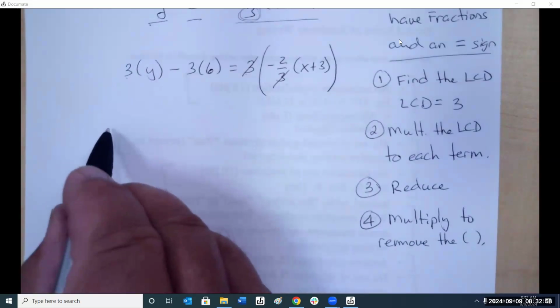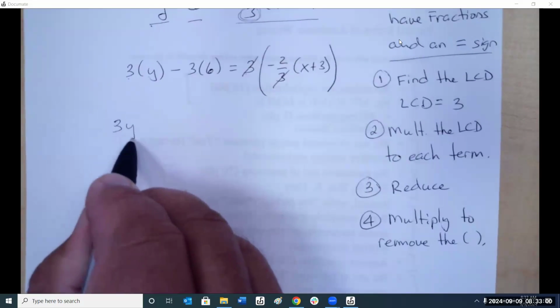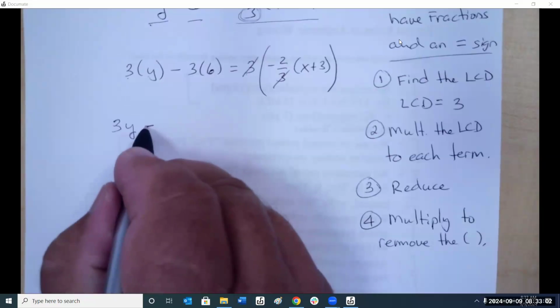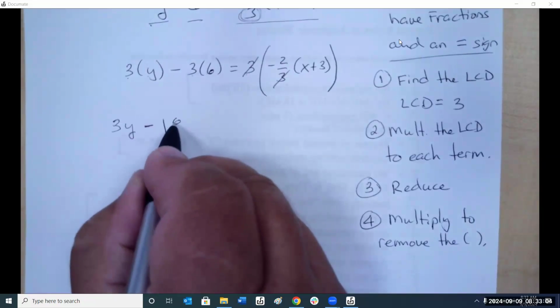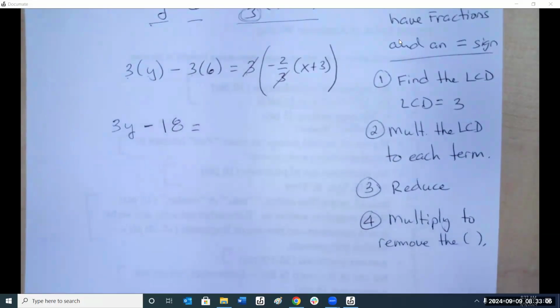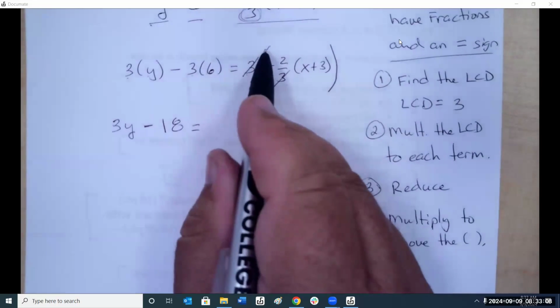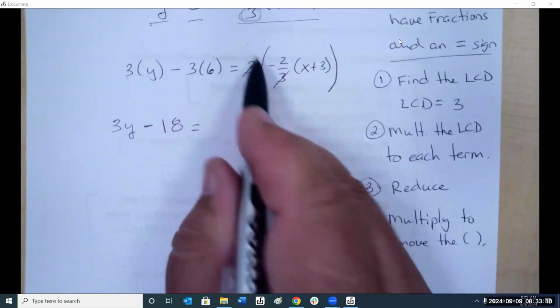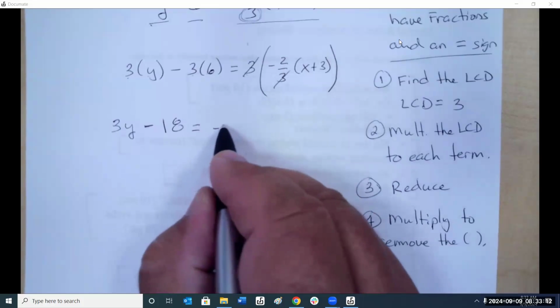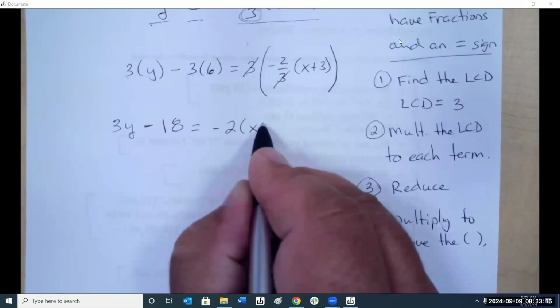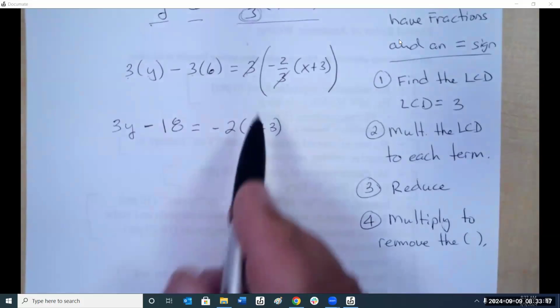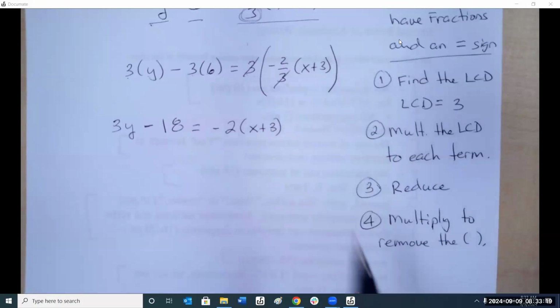So we have 3 times y is 3y. Minus 3 times 6 is 18. Okay, this is one. So now we just have what's inside there, because the coefficient is gone, so we don't need the parentheses over there anymore.